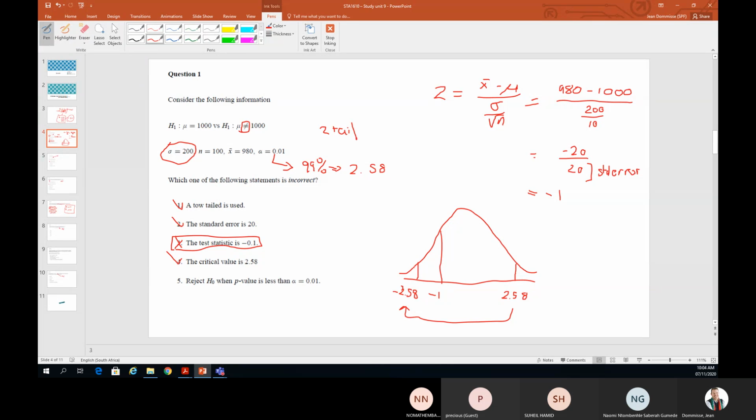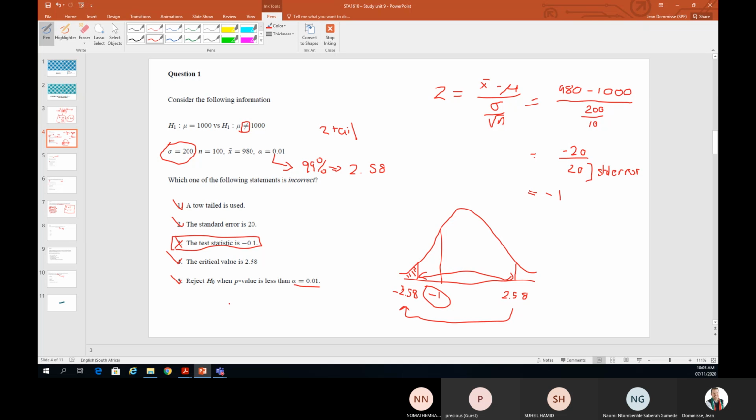So this tells me that the value that I worked out falls within my acceptance. So we will reject when the p-value is less than that, but the p-value is not going to be less than that, because you can see it falls in the acceptance value. So that is more a definition than referring to what we actually have in the table.